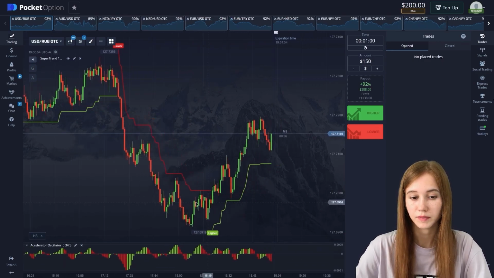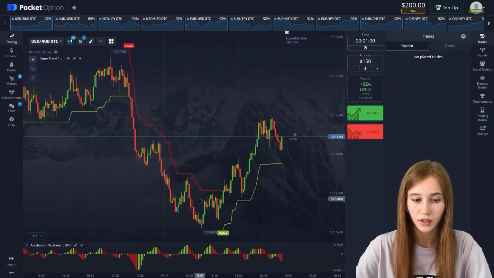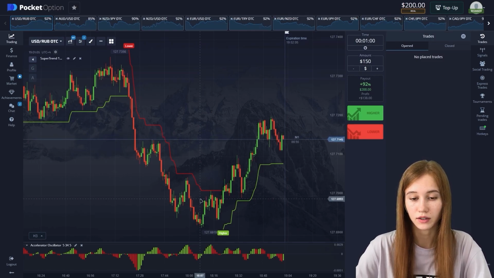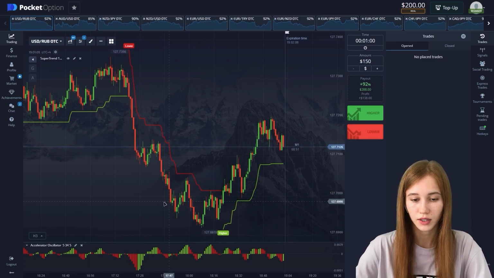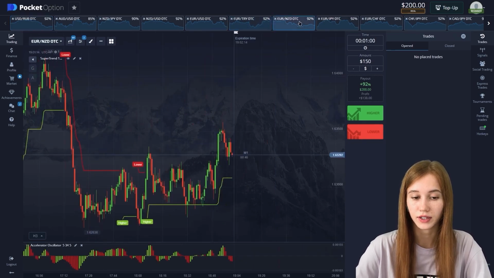So two green bars above the zero line are a buy signal, and two red bars below the zero line are a sell signal. I think I explained everything to you, and I suggest switching to the first currency pair and starting trading.